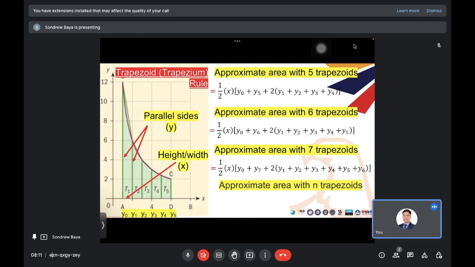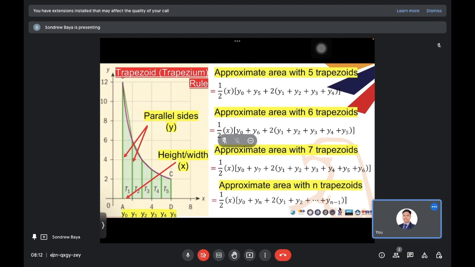So if there are n trapezoids, the general notation for the trapezium rule would now be half of x times y sub 0 plus y sub n, meaning this is now the last length, plus 2 times y sub 1 plus y sub 2 plus up until y sub n minus 1, meaning the length which is the one before the last length.